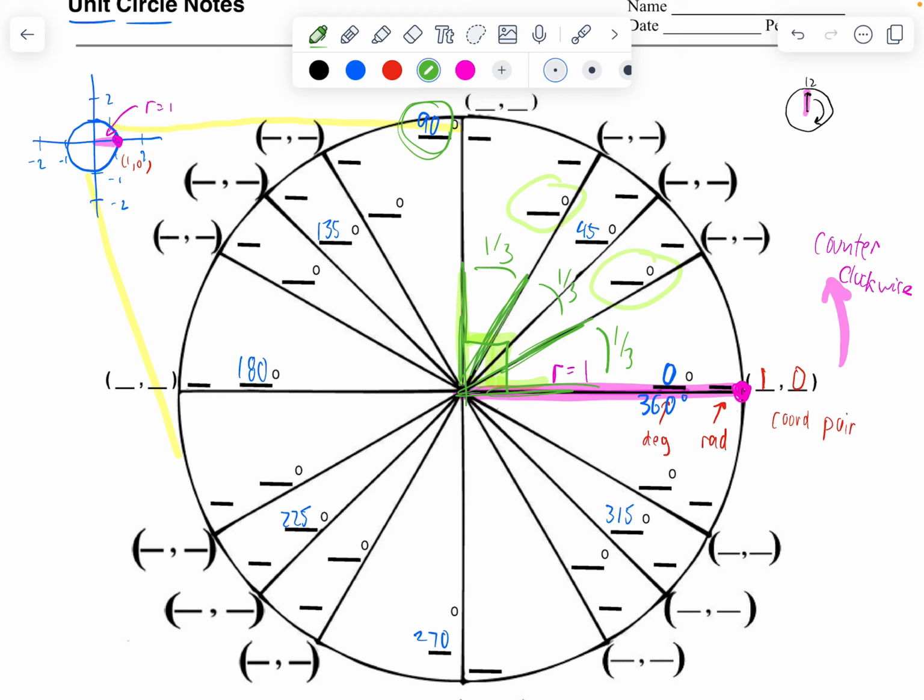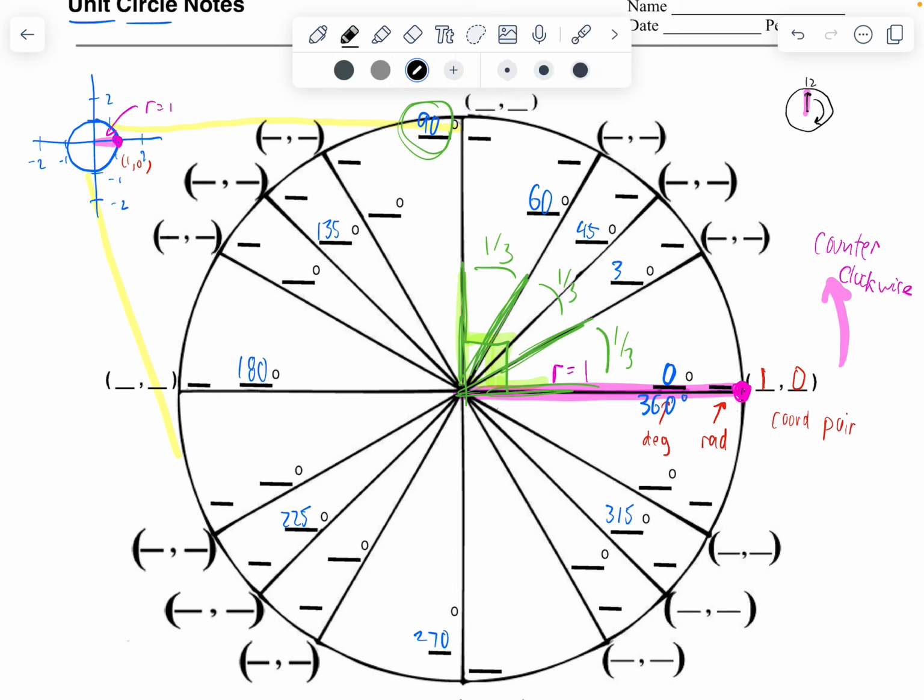So what I'll do is, let me erase so I can give myself some space here. I'll say that this is 30 degrees. And then 30 plus another 30 would give me 60 degrees. And then if I add 30 again, that brings me back to 90 degrees, right? So why don't we keep going?